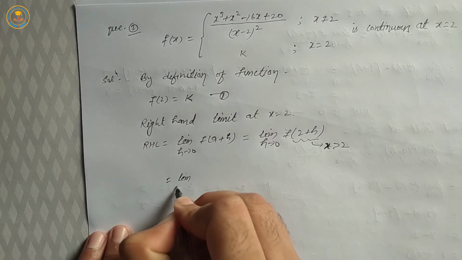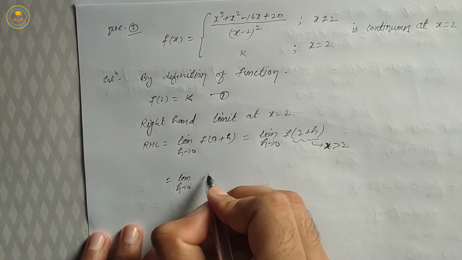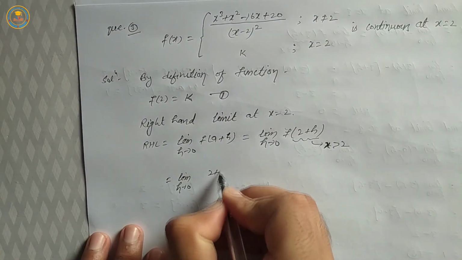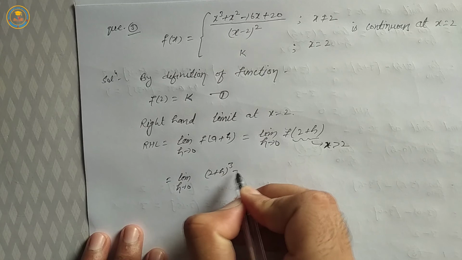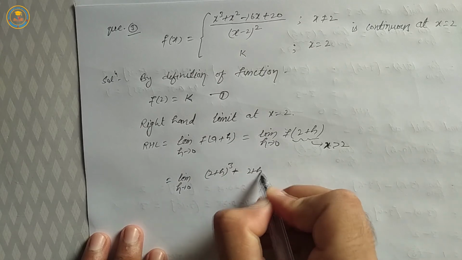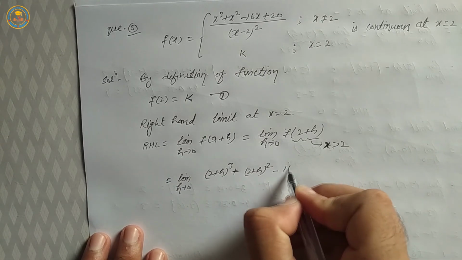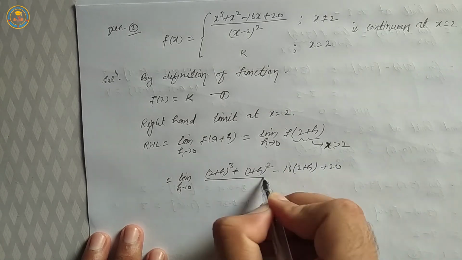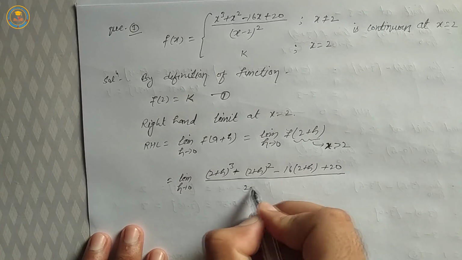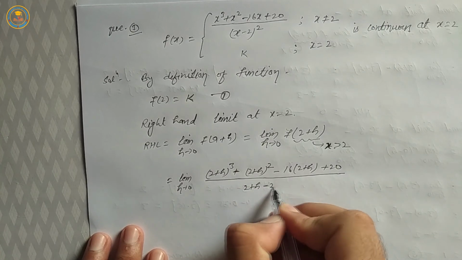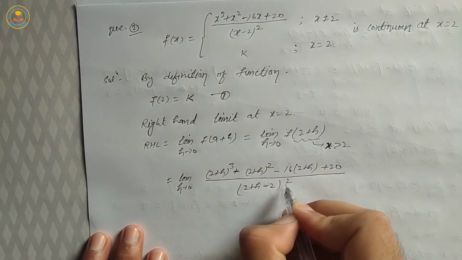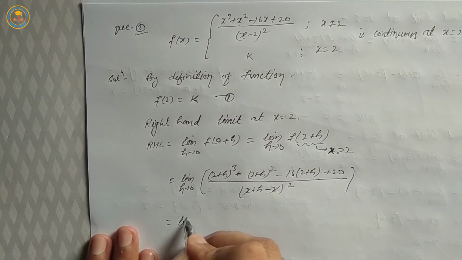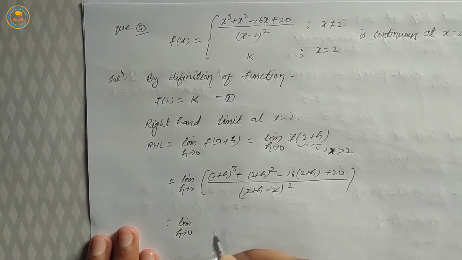limit h tends to 0, x is equal to 2 plus h, (2 plus h) cube plus (2 plus h) whole square minus 16 into (2 plus h) plus 20 by (2 plus h minus 2) whole square. 2 cancel out. Okay, limit h tends to 0.